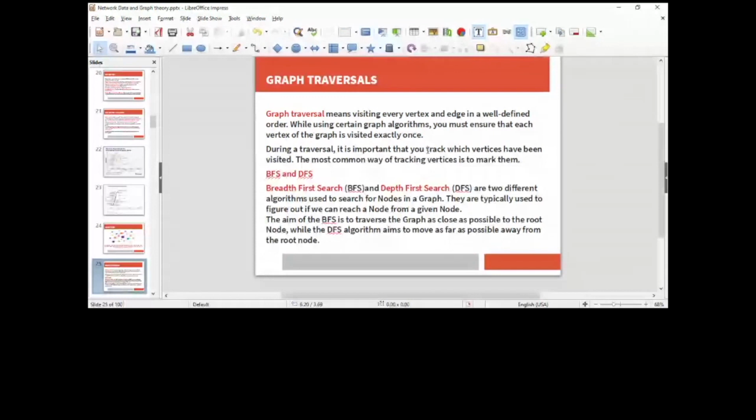This is already a problem that everybody knows. This is what the software your travel agent uses does, because an airline's database is a graph. So they are typically used to figure out how to reach a node from a given node.